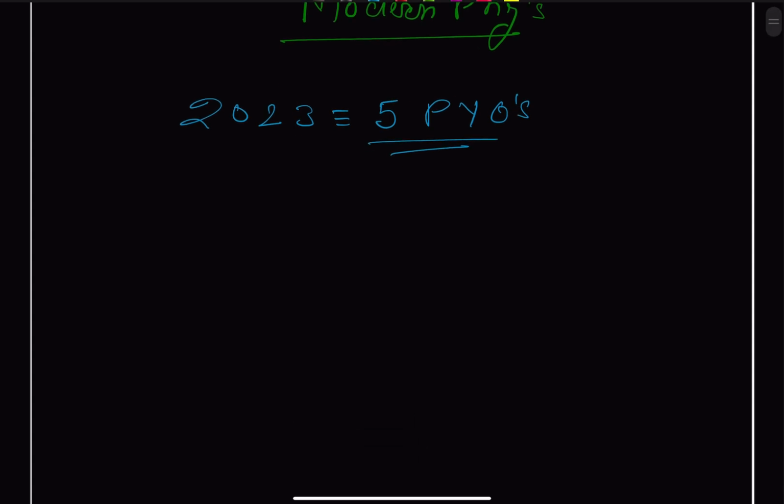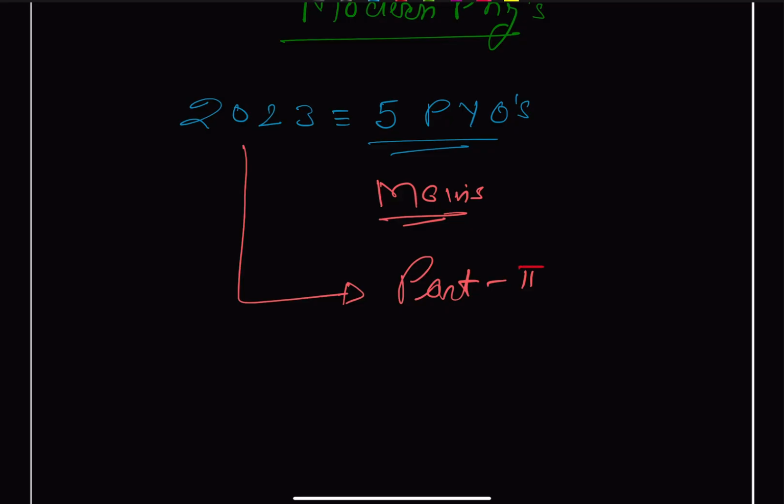All these questions are from the mains, and for the year 2023 this is part 2. The first part also, we solved around 10 or 11 questions from the year 2023.